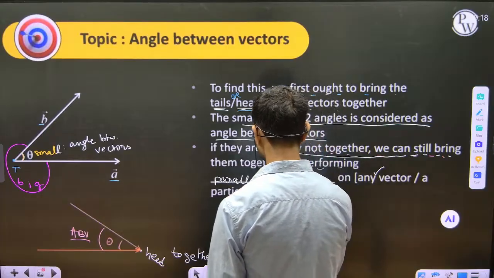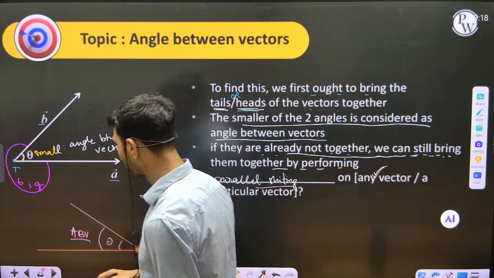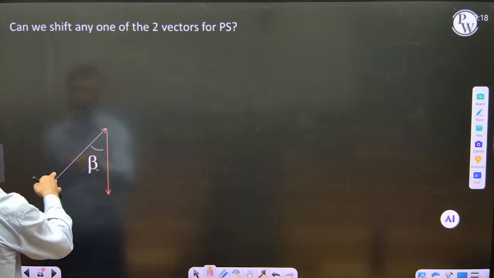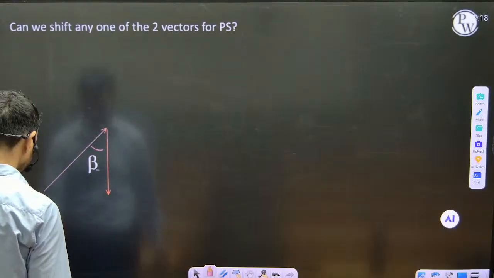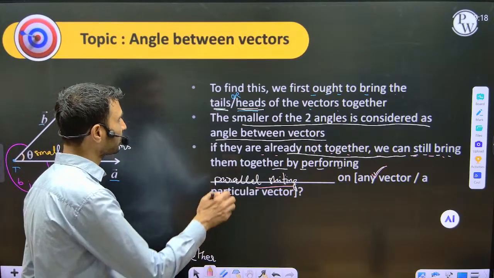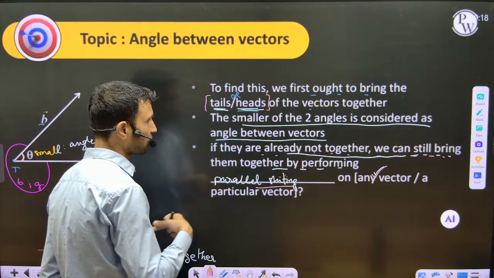Any vector or any particular vector? The answer was, as I told you, on any vector you can perform, right? So there are two vectors here and I want to find the angle between vectors. And how do you find the angle between vectors? By bringing the tail or head of the vectors together. How to bring tail or head together?